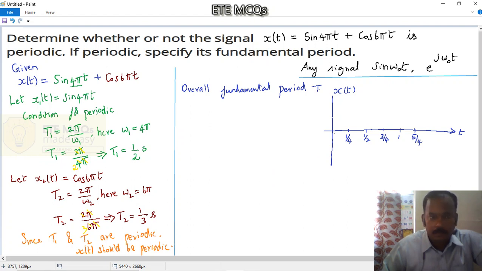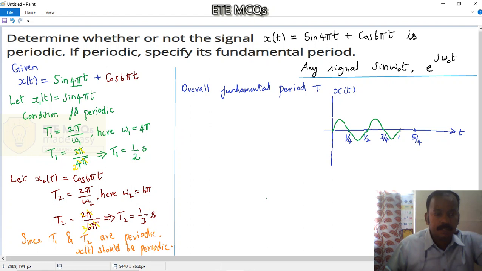So the sine wave signal will be of this form. It keeps going, crosses 3 by 4 and then reaches 1. This is your signal x1 of t.